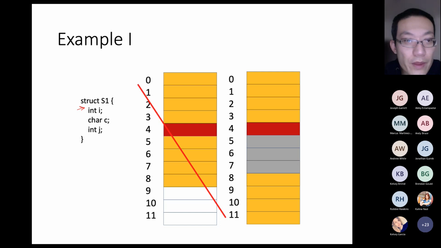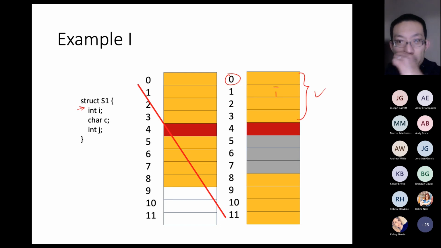We can see 0 is a multiple of 4, so integer I is fine. When we do the second part, we look at the char C, and it's just 1 byte, and any address is a multiple of 1. So at address 4, it is a char, and it should be right.